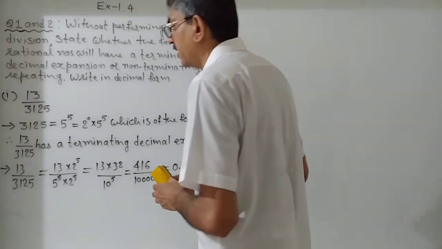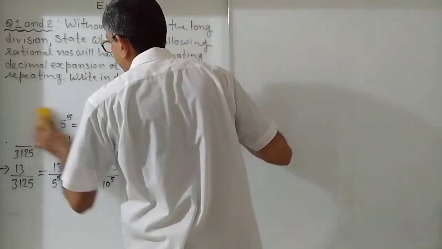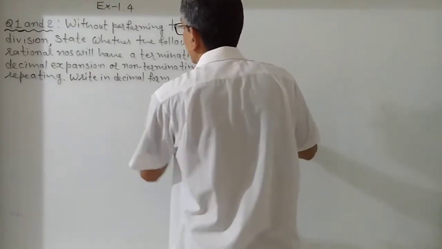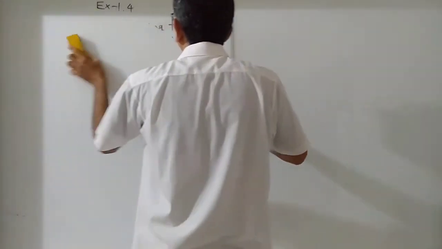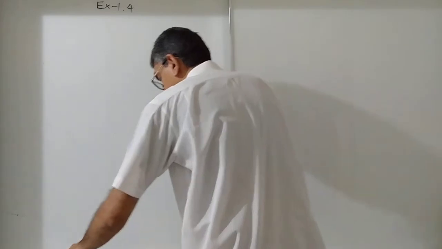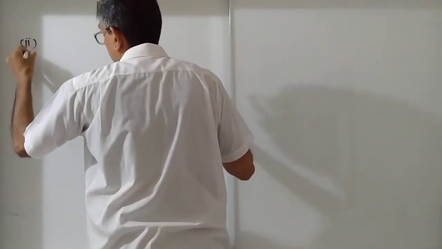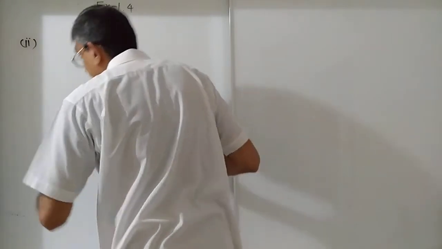Okay, let's work out the second sum. Second is 17 upon 8.